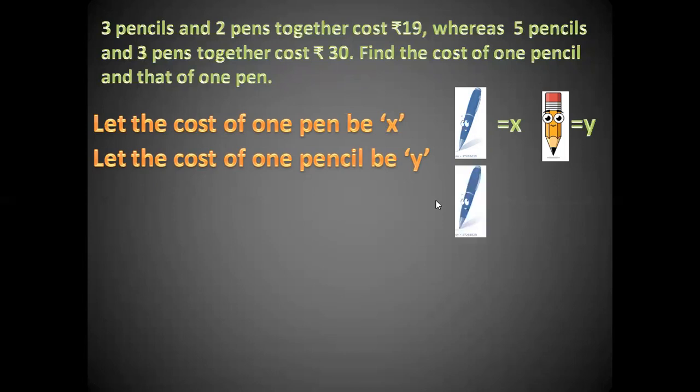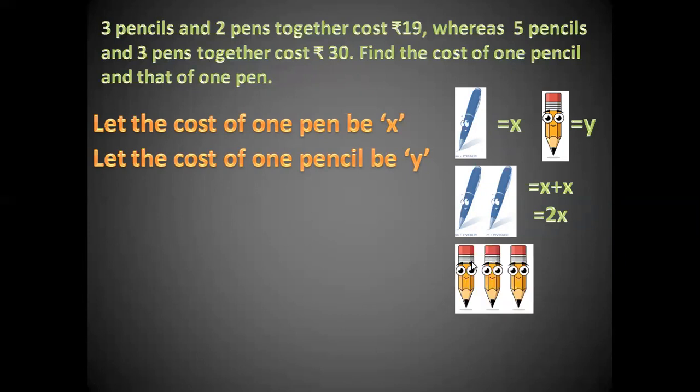So you purchased 2 pens. So cost of 2 pens is 2x. And you purchased 3 pencils. So cost of 3 pencils will be y plus y plus y, that is 3y.